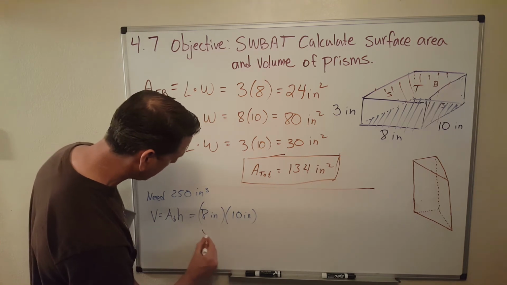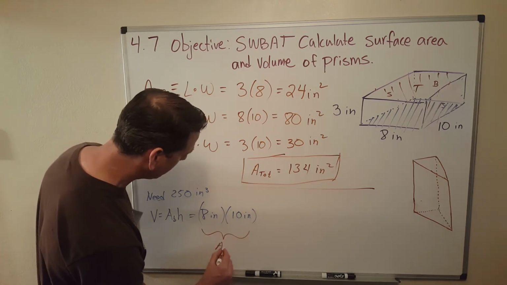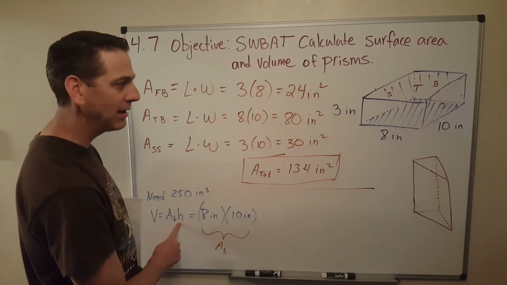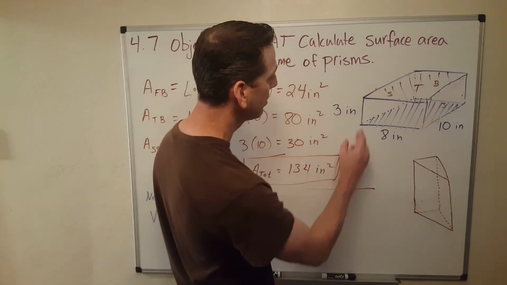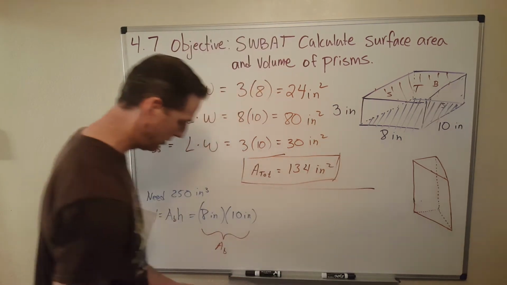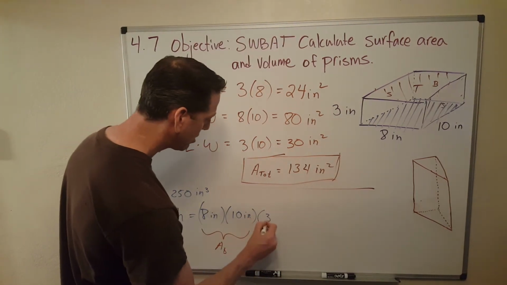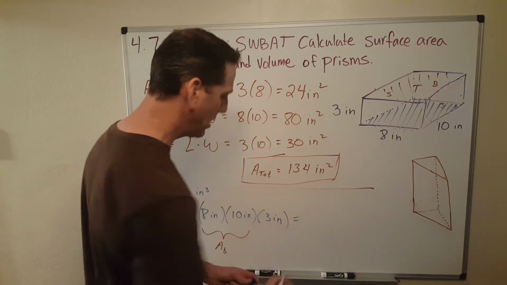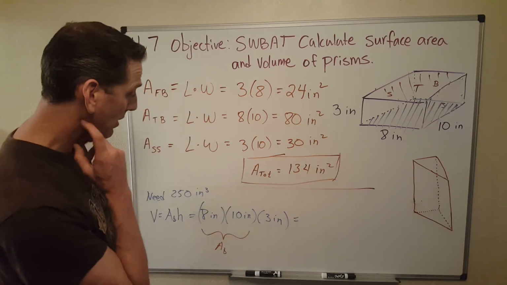That's the area of my base. Now I got to multiply that by my height. What's my height? 3 inches. 3 inches. All right, so what do I end up for my total volume?